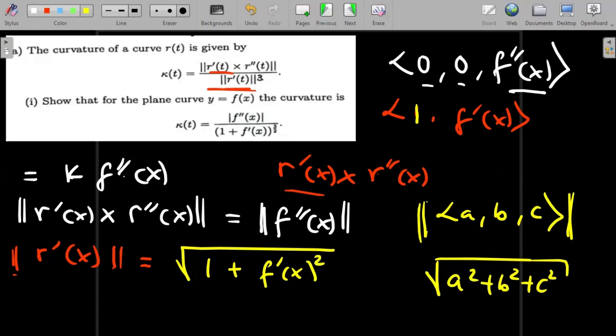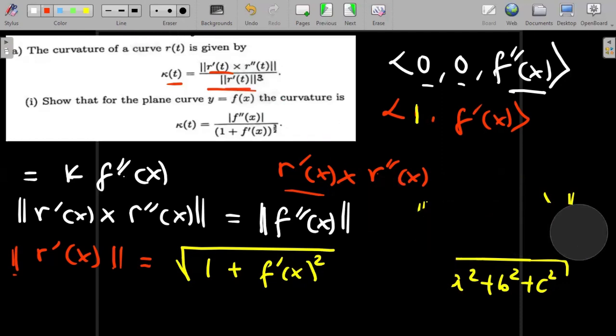Now, from what we have here on top, they're telling us that kt is equal to this. So we have what's on top and what is down as well, so we can just replace that.